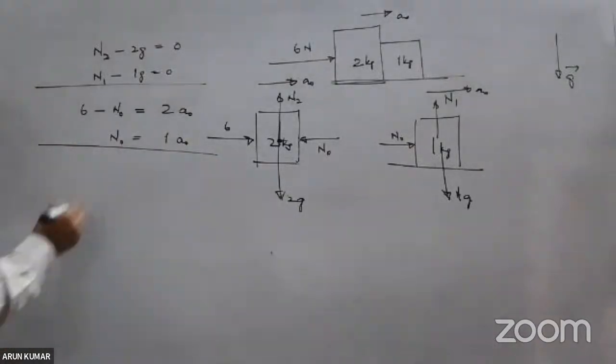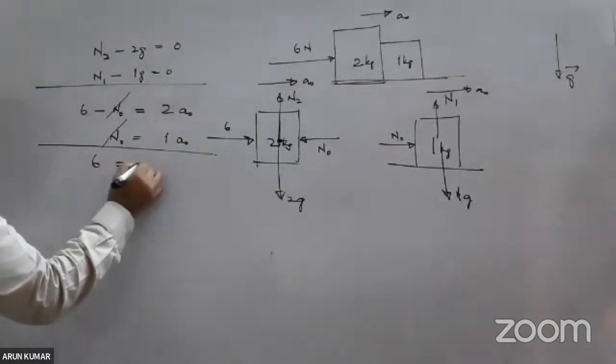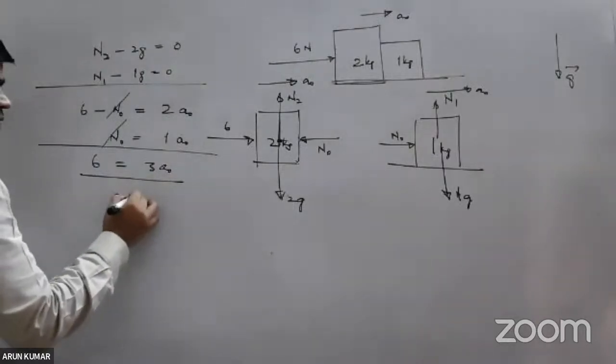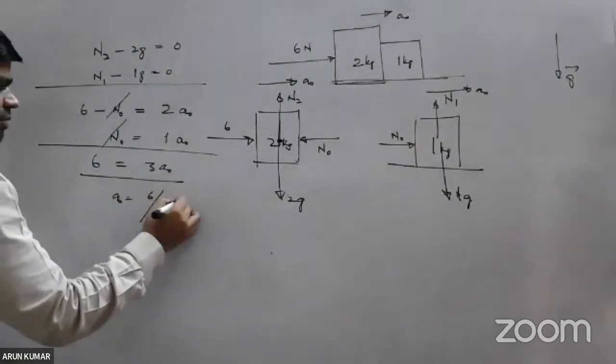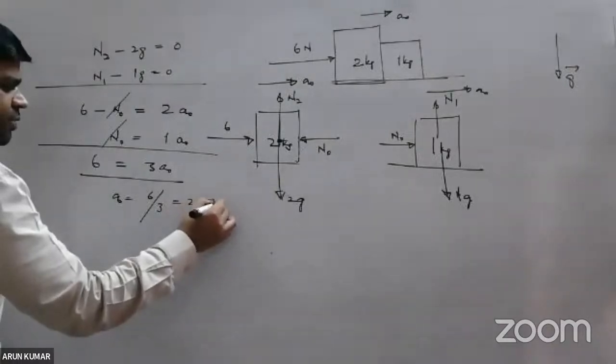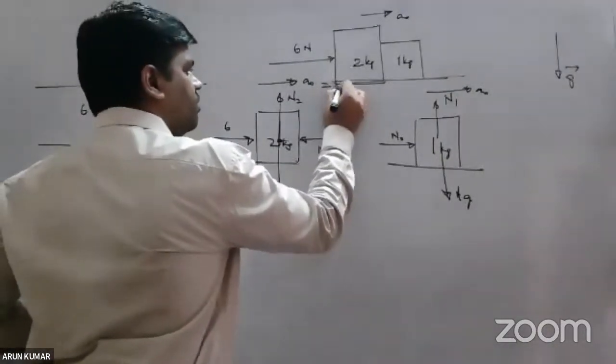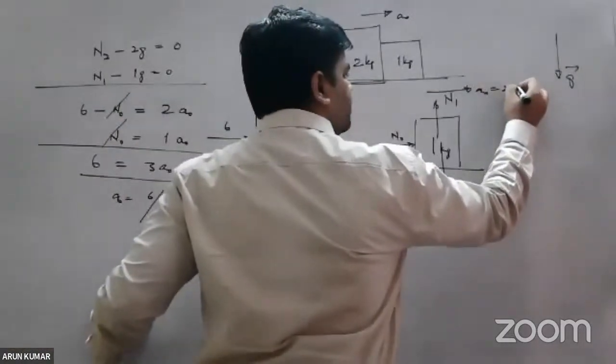If I add these two equations, N naught gets cancelled. I'll get 6 is equal to 3 into A naught. So A naught is equal to 6 by 3, which is 2 meters per second square. So acceleration I got as 2 meters per second square.